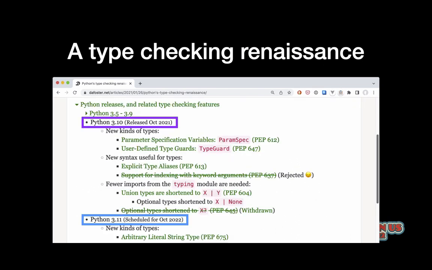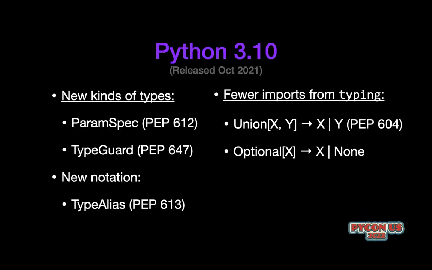So as mentioned, I am hoping, in this talk, to go through some of the specific features that are in both the current version of Python and the new version, Python 3.11, that will be released later this year. So let's talk about where we are right now with Python 3.10.